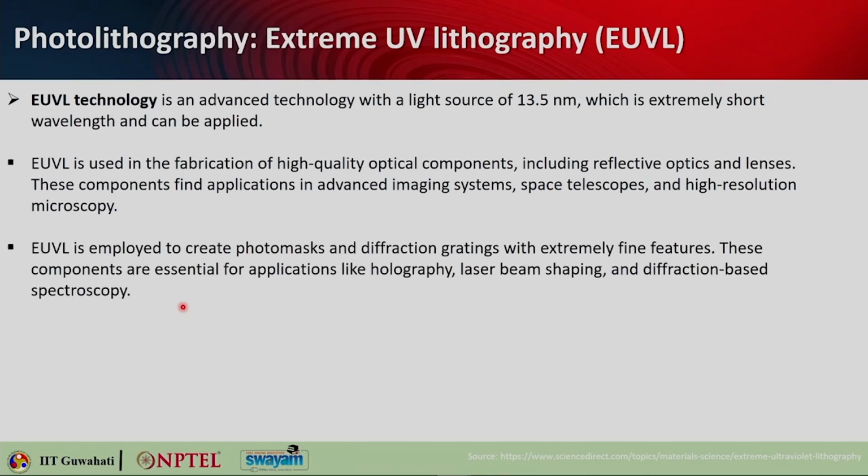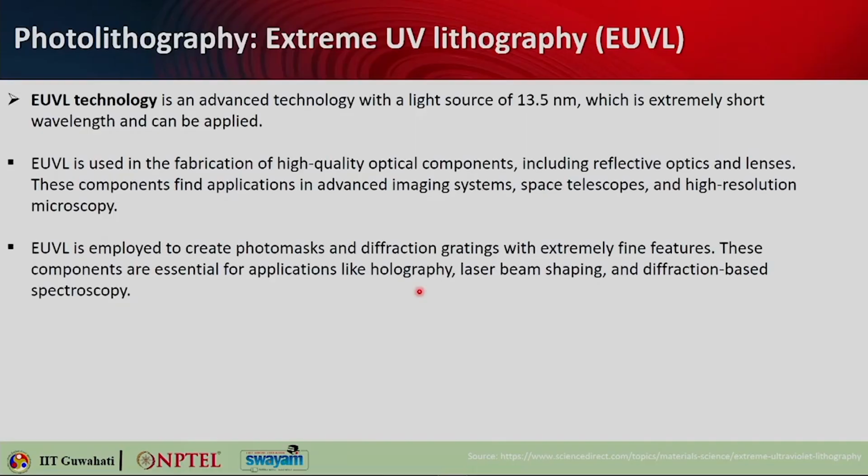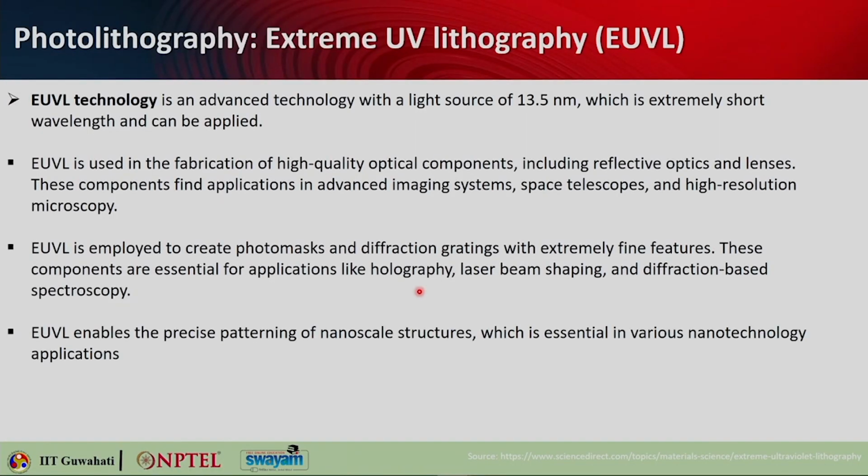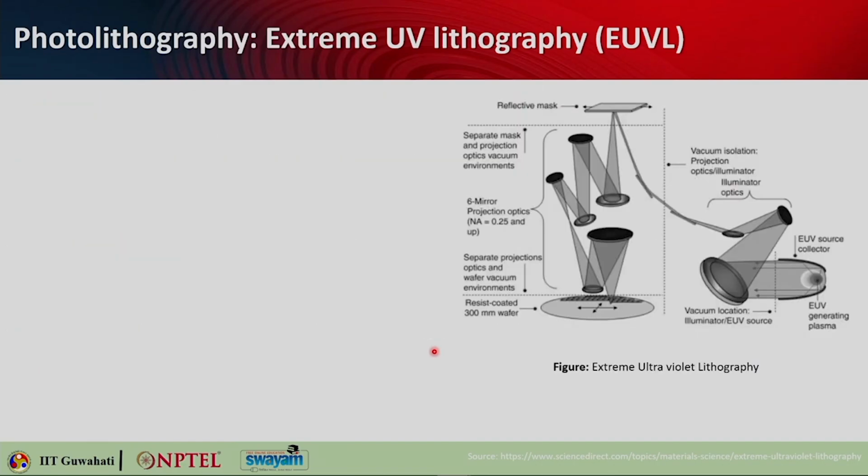EUVL is employed to create photomasks and diffraction gratings with extremely fine features, and these components are essential for applications such as lithography, laser beam shaping, diffraction based spectroscopy, etc. This technique also enables precise patterning of nanoscale structures, which makes it very essential in nanotechnology applications.